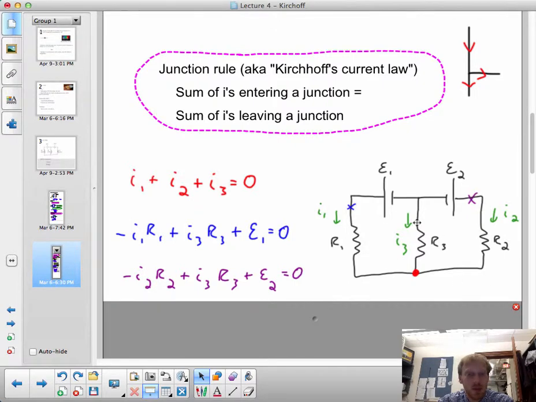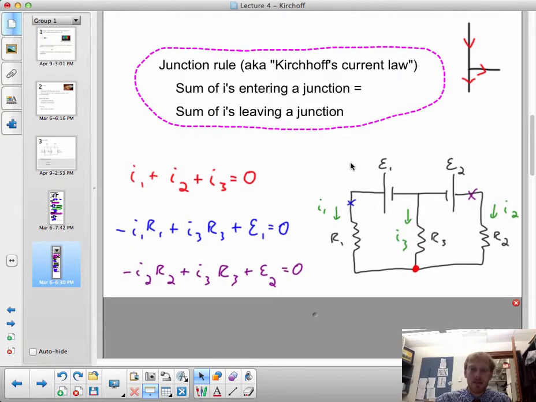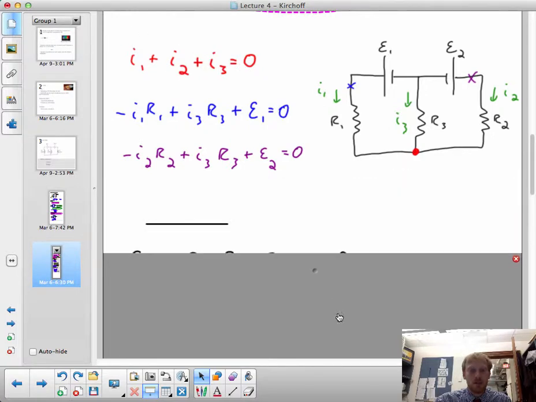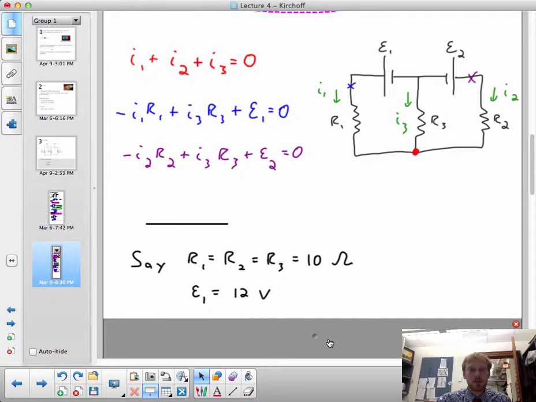For now, our job is just to write down Kirchhoff's junction law: the sum of the currents in is equal to the sum of the currents out. There are no currents out of that red node, so 0. Math is going to give us a negative value for one of these currents, and that's going to be the resolution to this seeming paradox that it's impossible for all the currents to go in with none coming out.